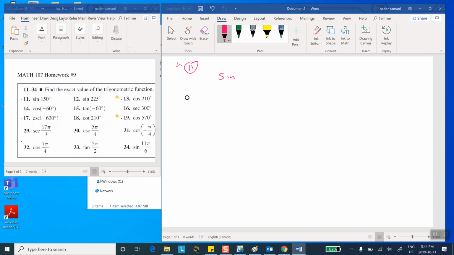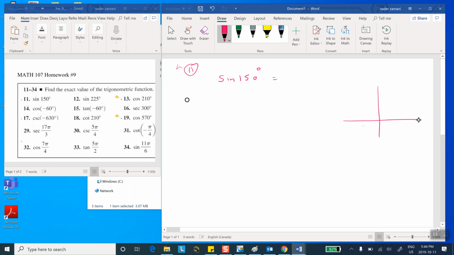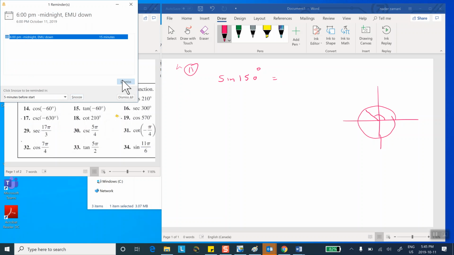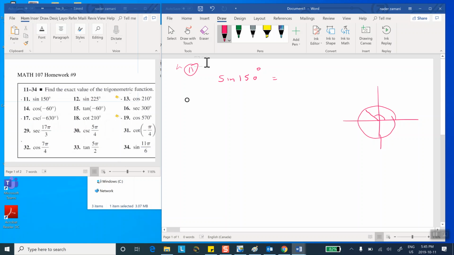Sine of 150. Now I want to remind you, 150 degrees, of course. Although I may not need to do this, I will draw the trig circle. Okay, so 150 degrees is over here. This is 150 degrees, and the sine of it is the same as the sine of 30 degrees, which is the reference angle for 150, and this is 1/2.